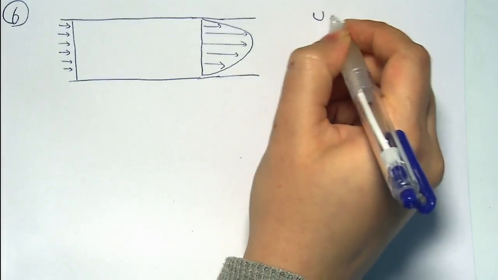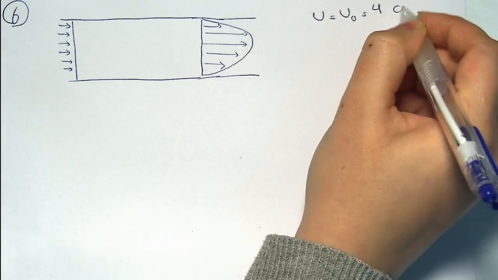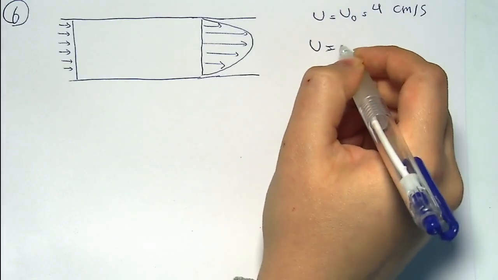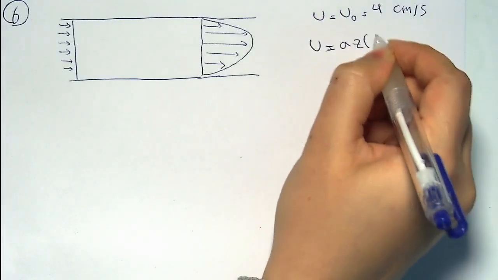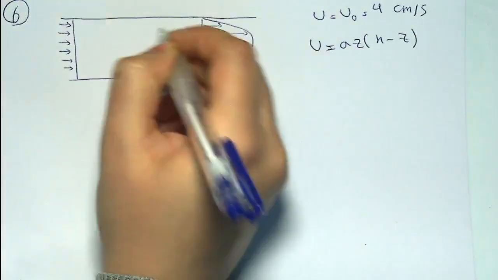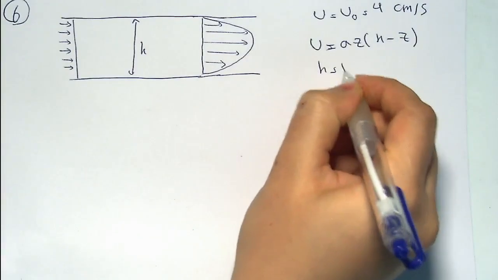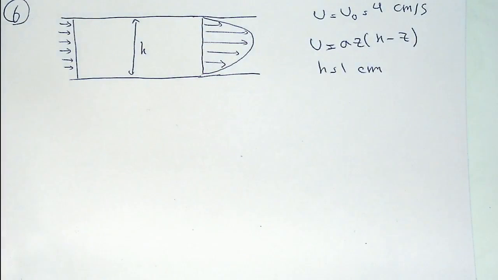So u0 is 4 centimeter per second, and for the parabolic part, u is equal to az times h minus z, and h is equal to 1 centimeter. So find the expression for the constant a in terms of u0 and h.